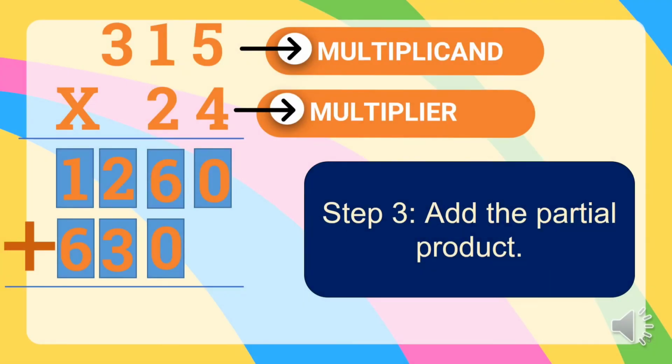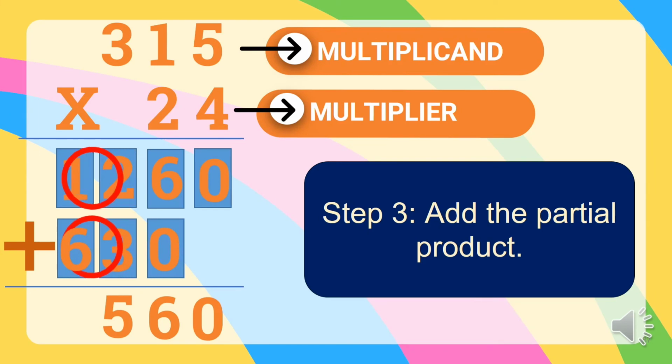Step 3 is to add the partial products, which is 1,260 plus 630. So let's bring down 0, then 6 plus 0 is equal to 6. And then 2 plus 3 is equal to 5.